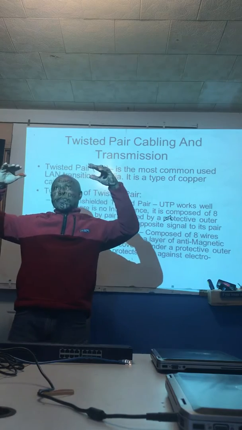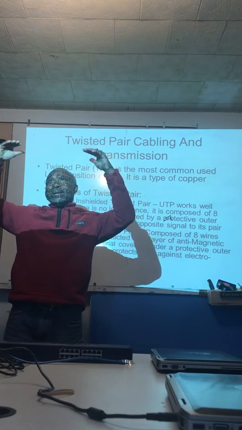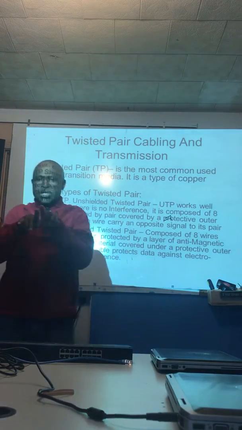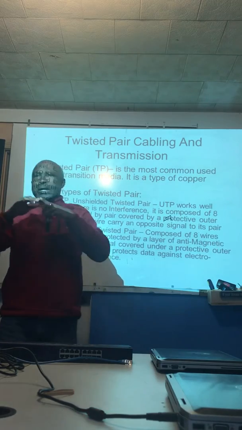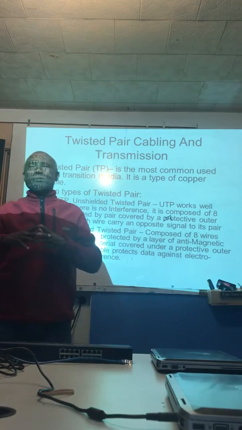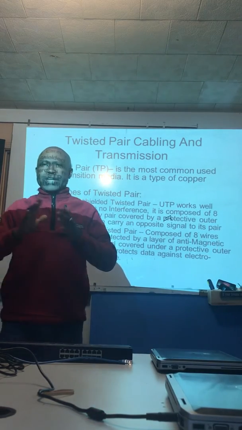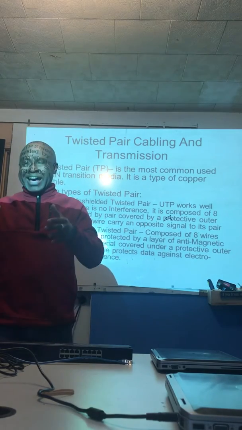A plenum space is a space on a floor or in a roof designed only for cable. This is the place where they put electrical cable. This is the place where they put camera cable. This is the place they put audio cable. This is the place where they want all types of cable. And this is the place you're going to run your data cable.